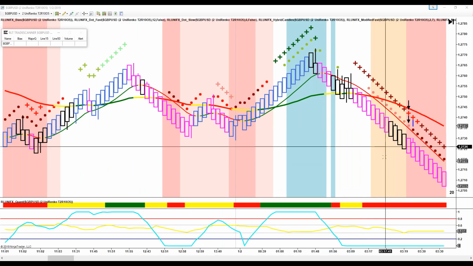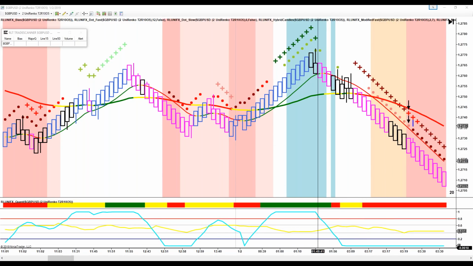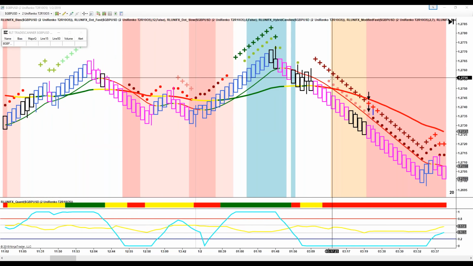I'm just going to drop the paint. I think I can still find it if I ever need it, but that's what these colors represent.